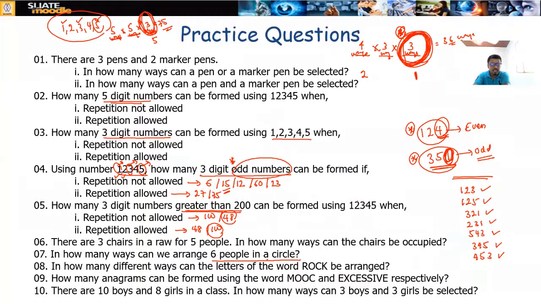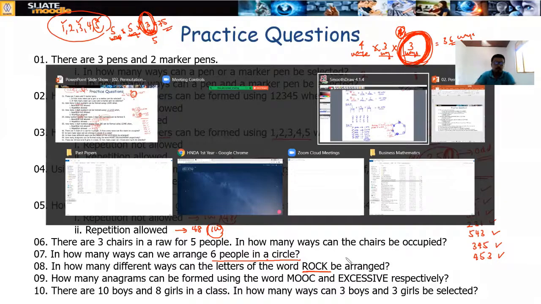Question number 8. In how many different ways can the letters of the word rock be arranged? How many different ways can the letters of the word rock be arranged?